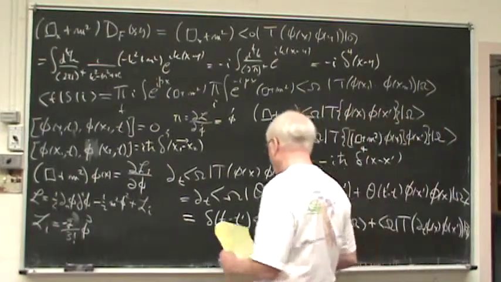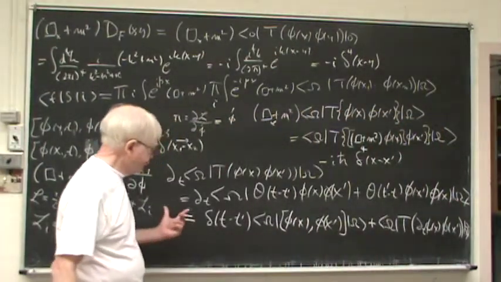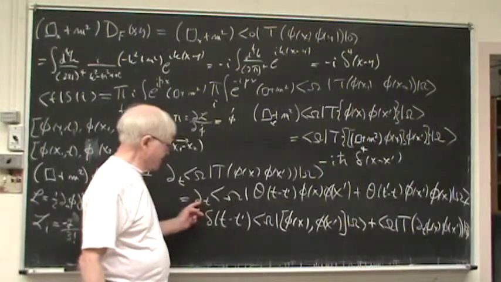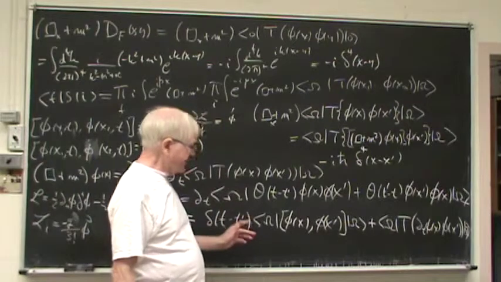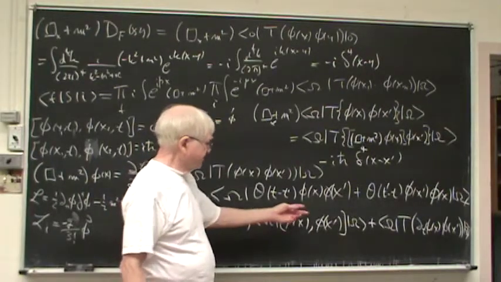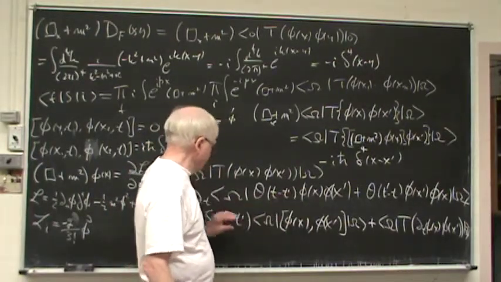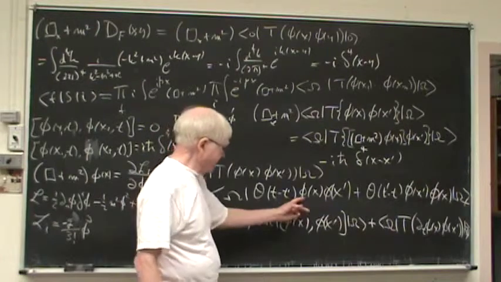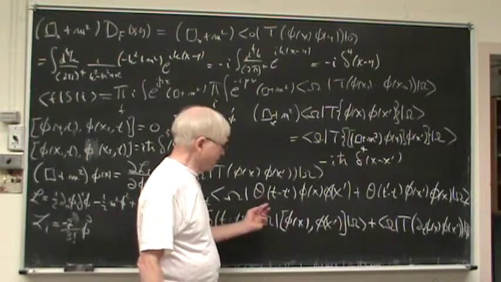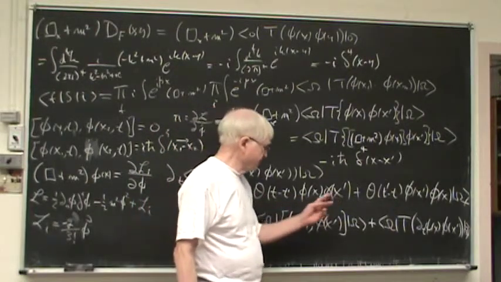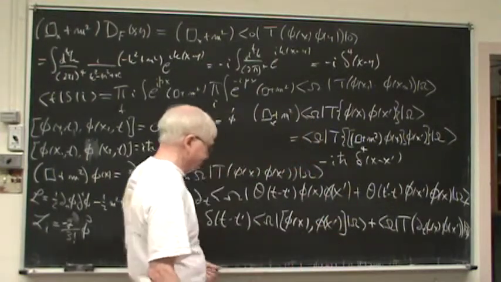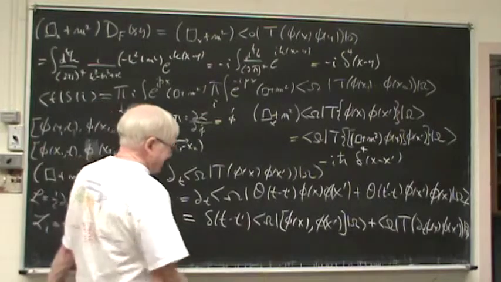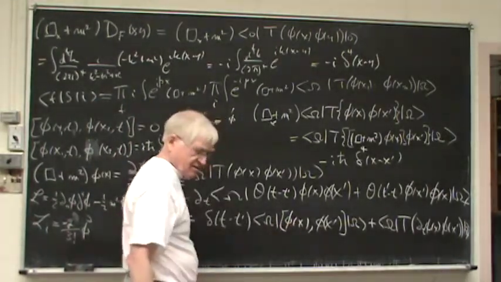Okay. So in other words, if the derivatives just act on the field phi of x and not on the theta functions, then you've just got this same expression, but the derivative is sitting here, so it's the time-ordered product of the time derivative of phi of x with phi of x prime. On the other hand, this term is 0.